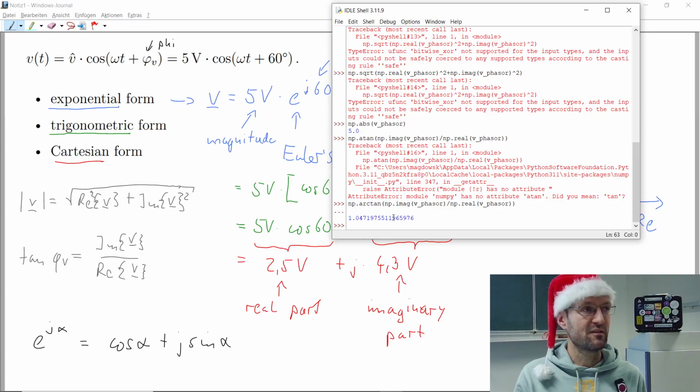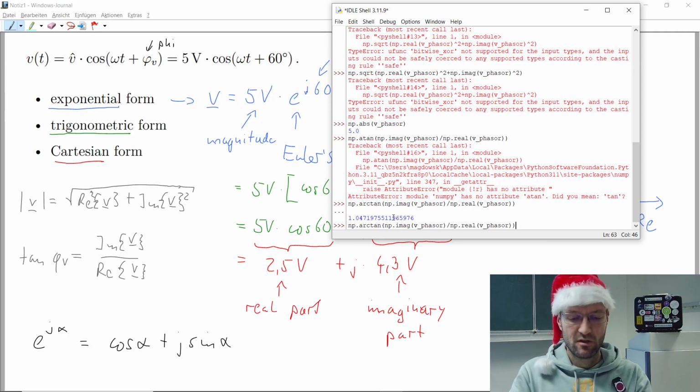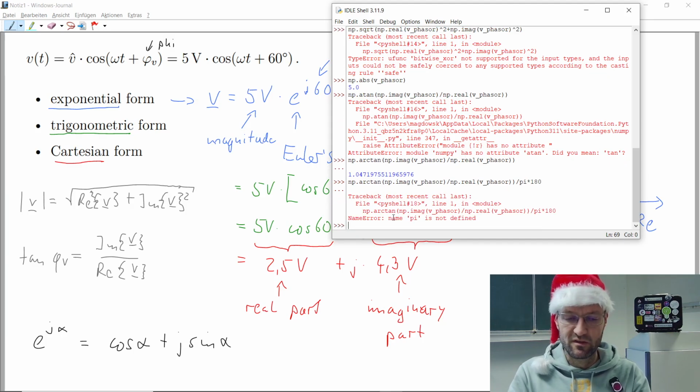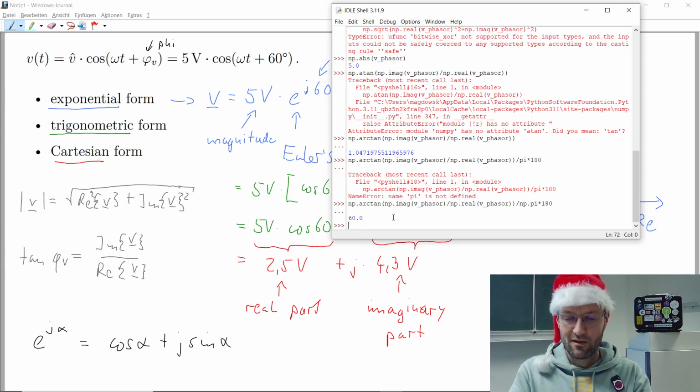So why don't we get 60? Because this is in radians, so what do I need to do to convert this into degrees? Divide by pi so that the radians cancel, and then multiply with 180. This is the reason why I don't like Python, to be honest. Then we get the 60.